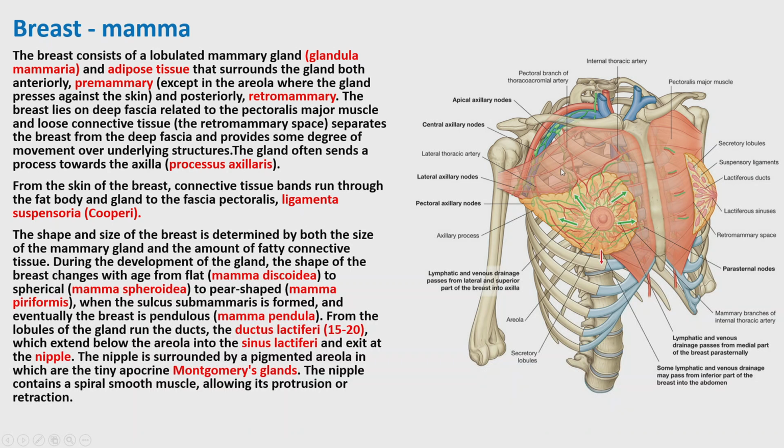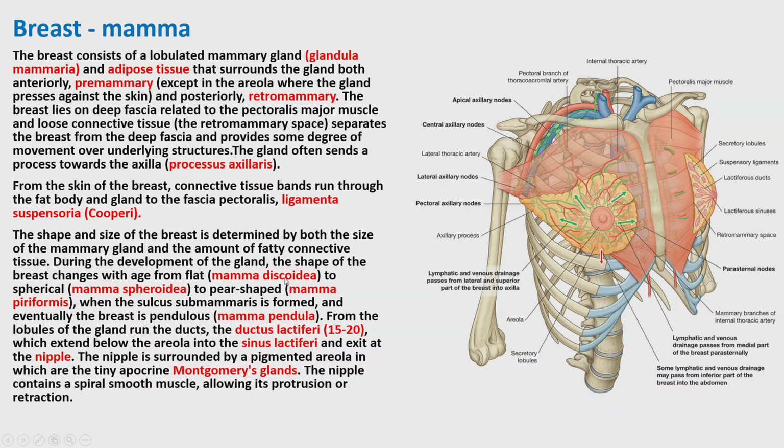Then the shape and the size of the breast, you know, is variable and individual, and it depends on the amount of fat and connective tissue. Of course, it also changes with age. If it's flat, it's called discoid breast.